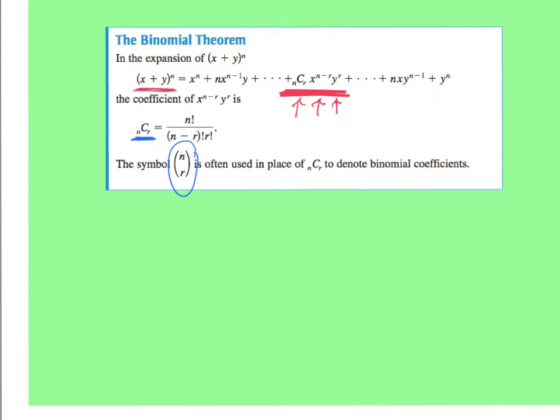I'd like you to write it down. This is where it's coming from. You're going to have a calculator on all your assessments on this, but I'd like you to at least know where it comes from. I'll teach you how to do it with your calculator, but I want you to know where it comes from as well. It's evaluated by n factorial over n minus r factorial times r factorial.